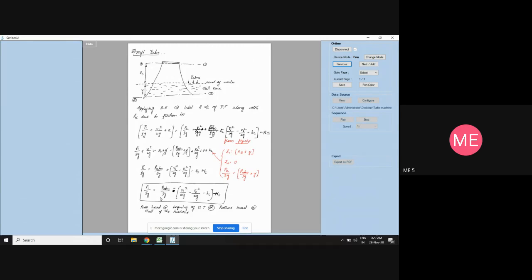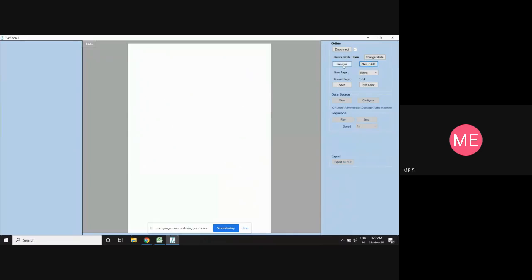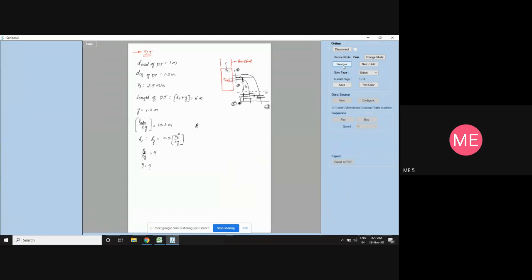This is if I consider section 1 and section 2 for the draft tube.